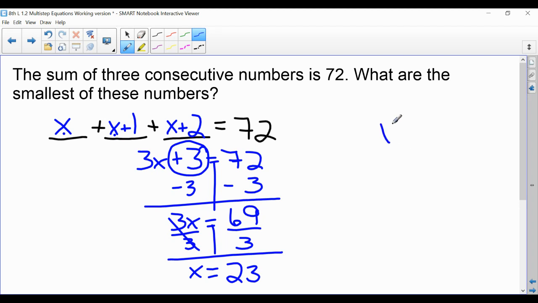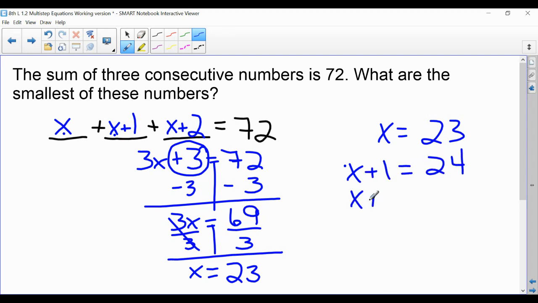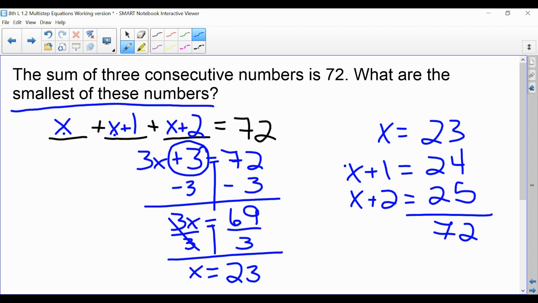So if I have x equals 23, x plus 1 equals 24, and x plus 2 equals 25, and I can add those 3 together to see if they equal 72. 5 plus 4 is 9, plus 3 is 12. 2, 4, 6, 7, that equals 72. The smallest of these numbers is 23.